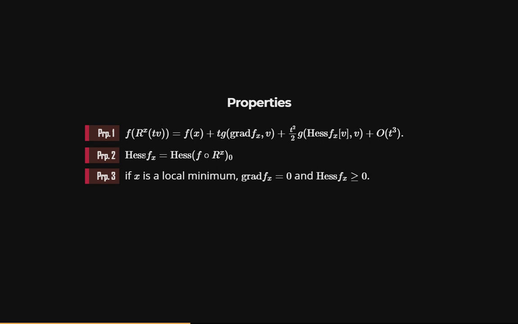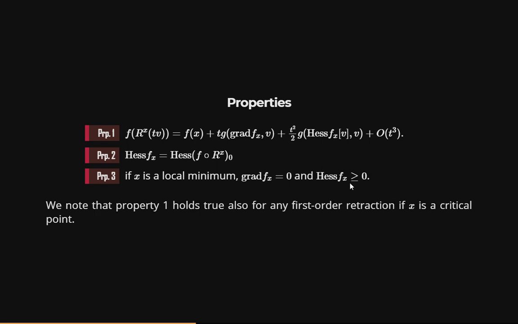But in general, it holds true every time we can consider the retraction. So we always have geodesics, but say we don't know about geodesics. If we have a second-order retraction, we can prove that in a local minimum, the gradient is 0 and the Hessian is positive semi-definite.